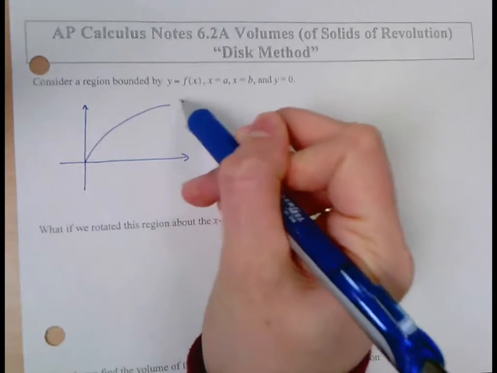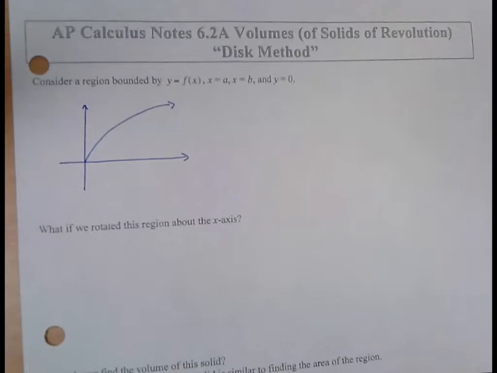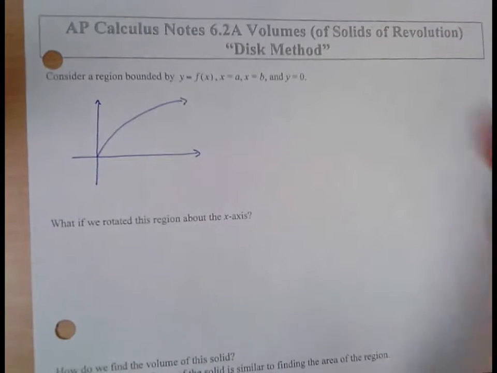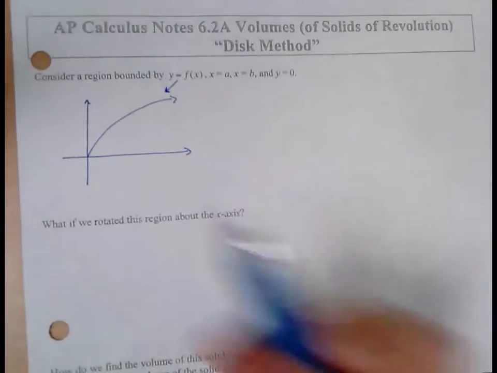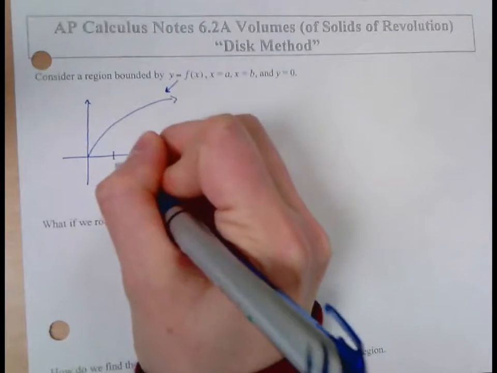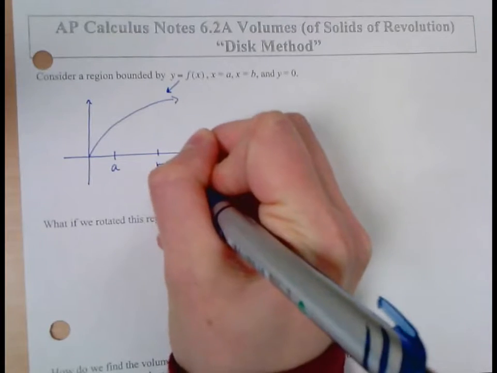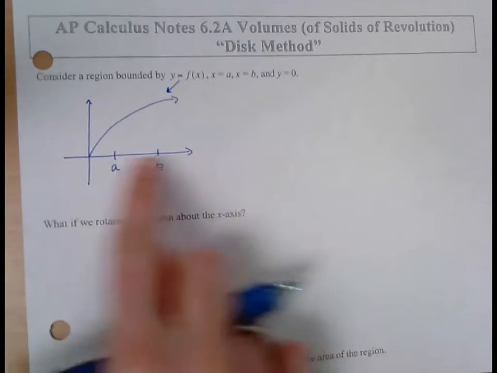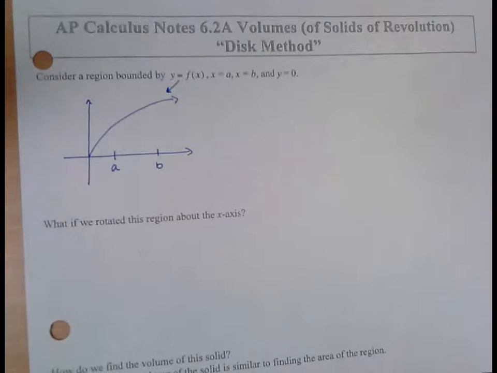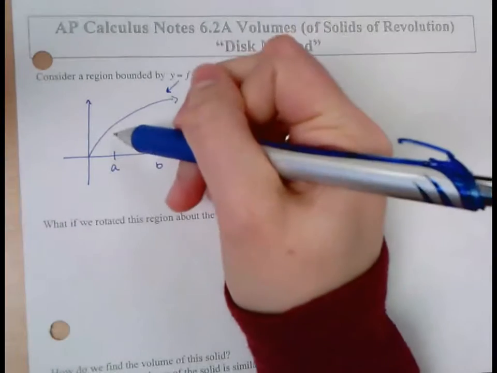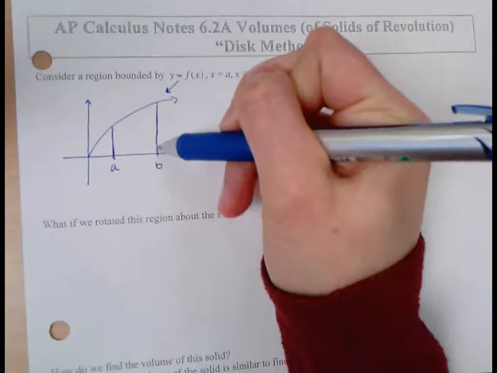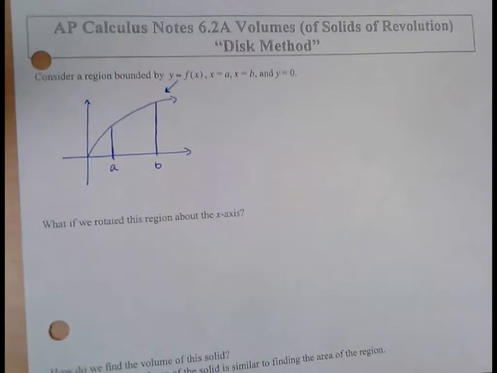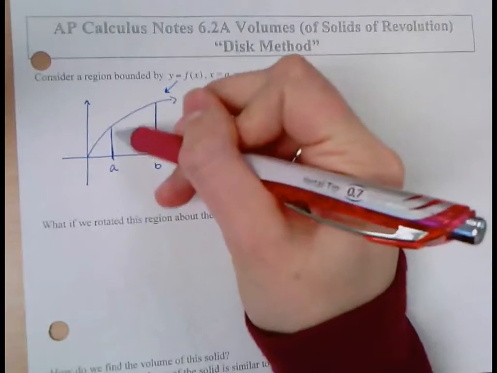It's going to kind of look like a square root curve, but it doesn't have to be, just a general curve, y equals f of x. From a to b, so I'll say a is here, b is here, and then it's also bounded by y equals 0, which is the x-axis. So I'll actually draw vertical lines here. So this is our region.